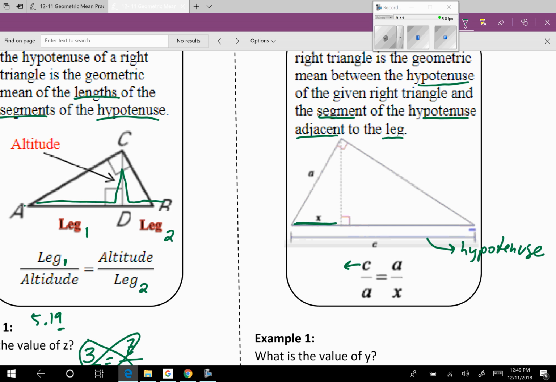You have the X and this other section, and you add those together, so it's your total hypotenuse. A is the leg that you're trying to find, and X is the part of the hypotenuse that's connected to your leg.